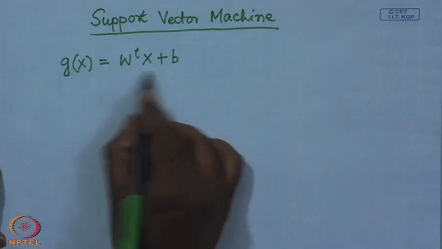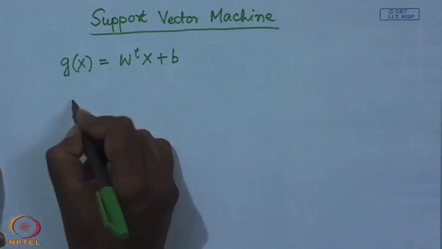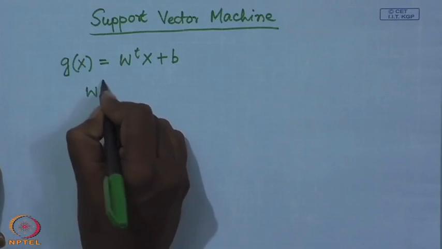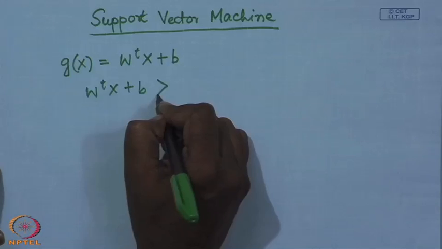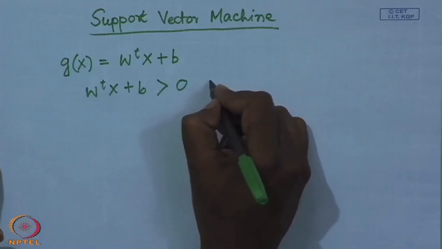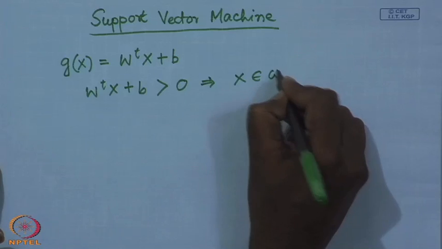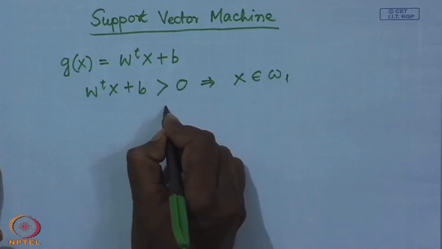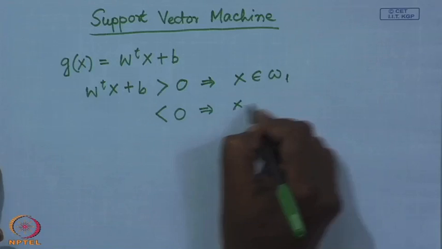And we have said in case of linear discriminator that if this g of x, or w transpose x plus b, is greater than 0, that indicates the feature vector x belongs to class omega 1, and if this is less than 0, then feature vector x belongs to class omega 2.